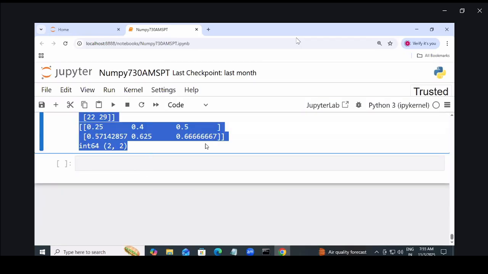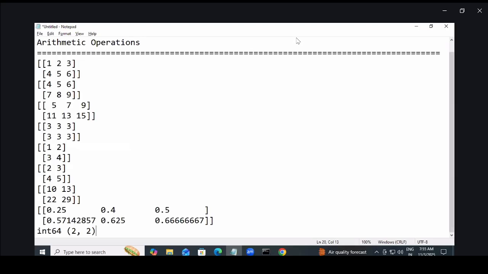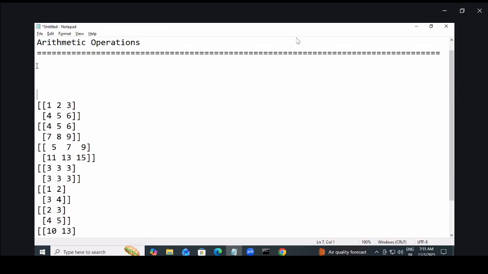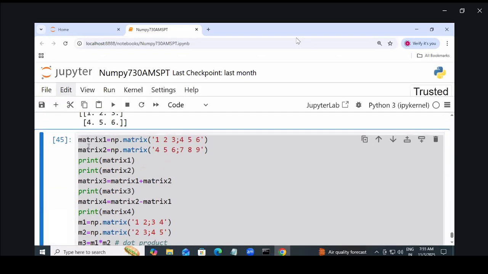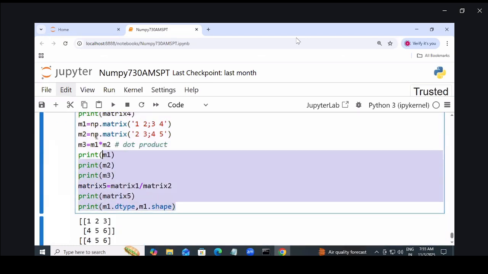Now, whenever you talk about a matrix, these are the examples. In the last class we had not copied them, so I just gave this as an example.